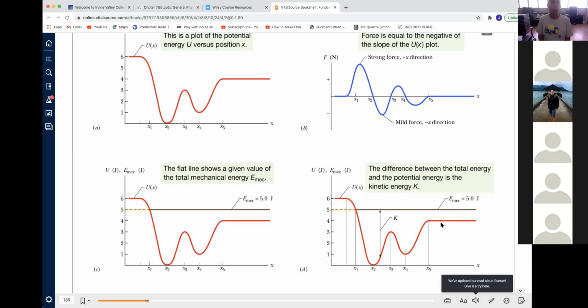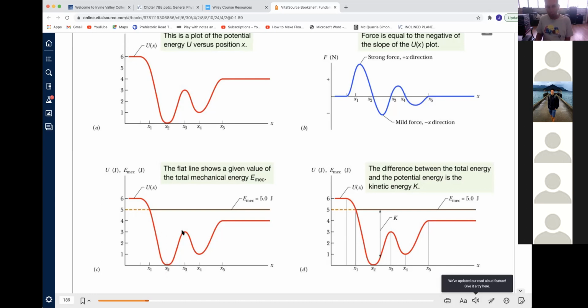Now, the point of reading a potential energy graph, which is what these 3 are, is that these are wells. Now, imagine if this gray line were actually at 2, which means the most kinetic energy it could have here would be 2 joules if I move this gray line down to 2. And that means it could never get out of this well if it was at x2.